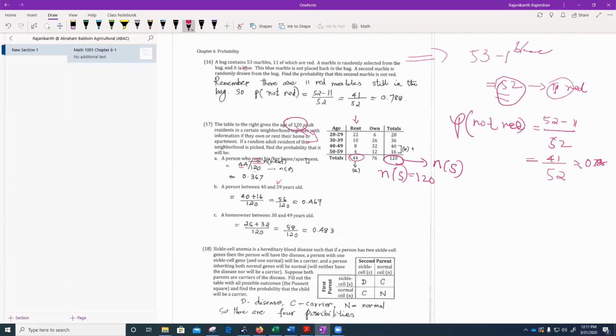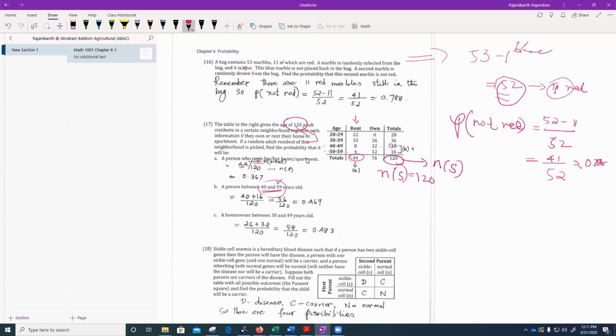Now the second one, you are choosing a person who should be 14 to 59 years old. Now you have to look at the age: 40 to 49 and 50 to 59. So you have to combine both. Looking age-wise, for 40 to 49 there are 40 of them.